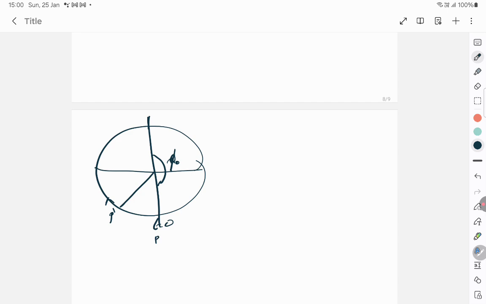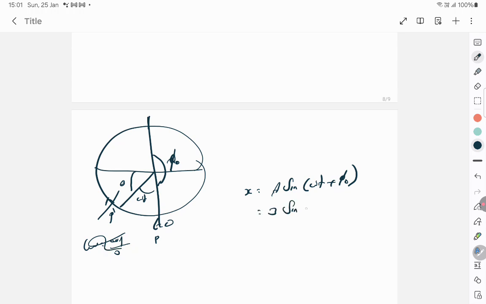So for this itself, we'll write normally x is equal to a sine omega t plus phi naught, and phi naught itself is pi here. I'm just trying to explore again, okay? So the thing is, this is your omega t, and to find that you can use this small triangle where cos theta is adjacent by hypotenuse, which is 3, or you can directly write this: a is 3 sine.